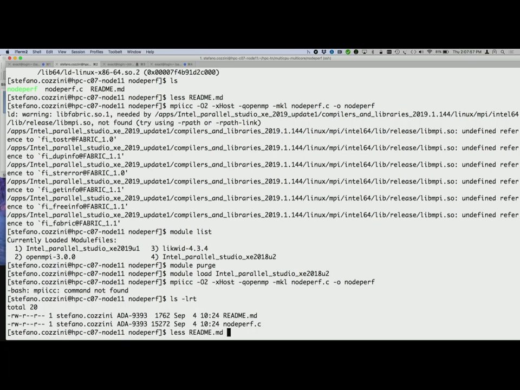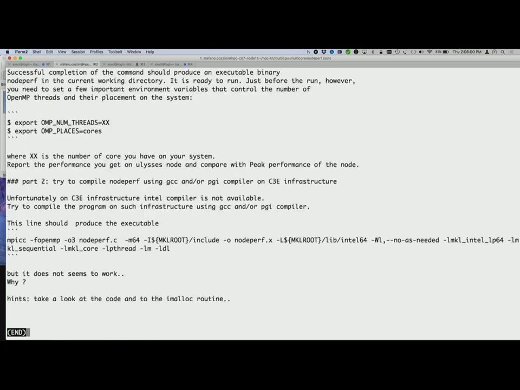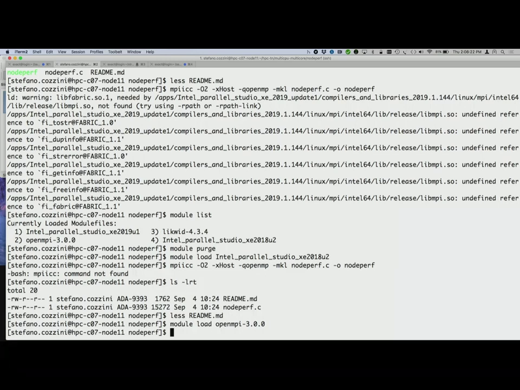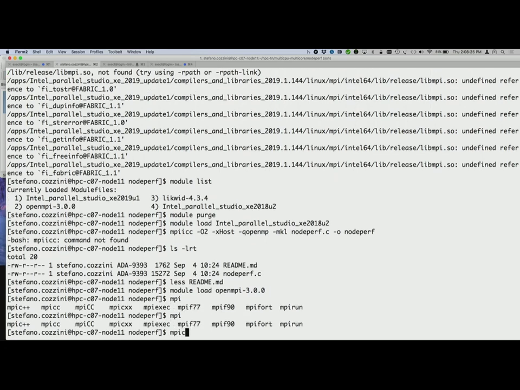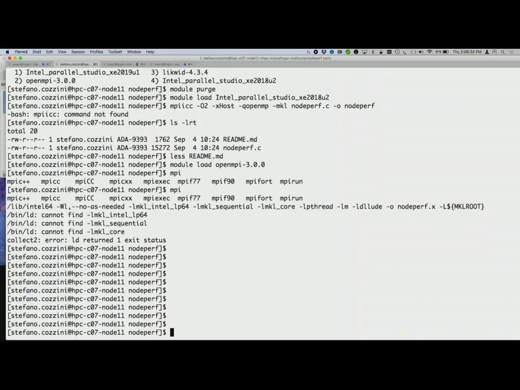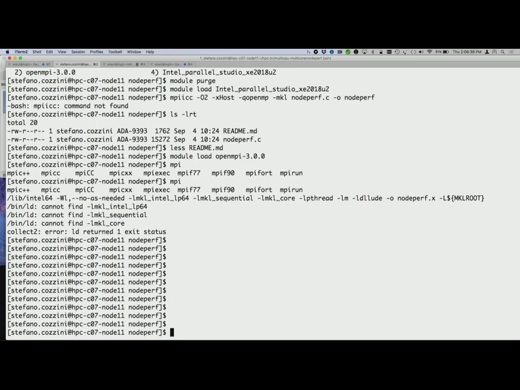Yeah, let's try it this way. Okay, now it's working the right way, but MKL root is not available. Ecco.